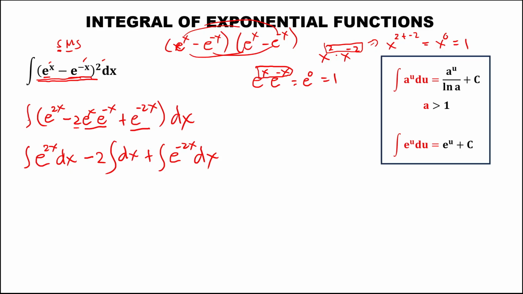Then to evaluate the integral for this term, u is 2x and du is 2 dx, so divide both sides by 2, and we have du over 2 equals dx. For this term, u is negative 2x, du is negative 2 dx, so we have du over negative 2 equals dx after dividing both sides by negative 2.